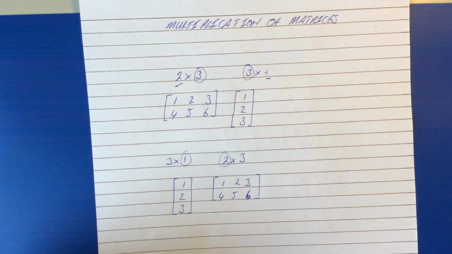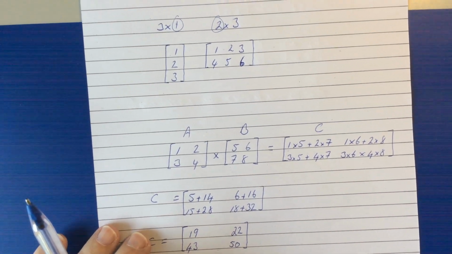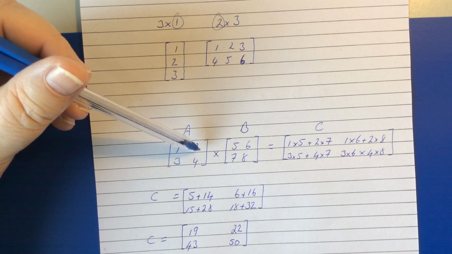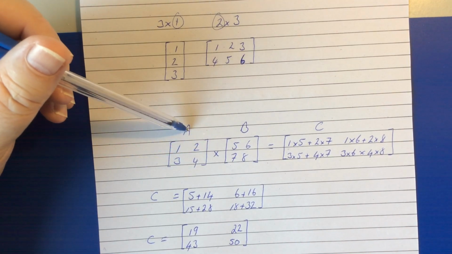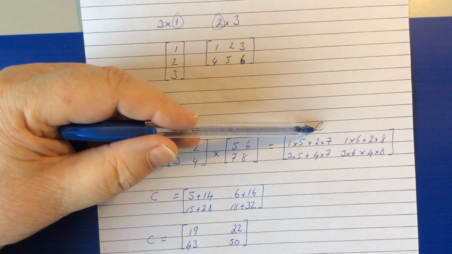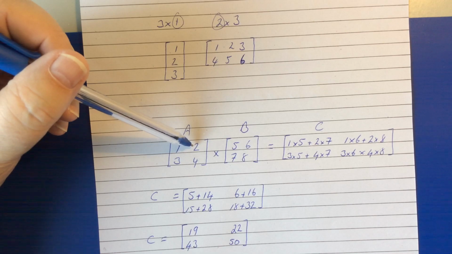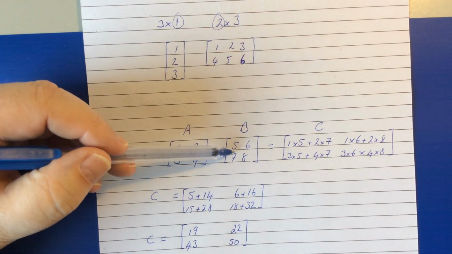Now let's have a look at how we do this. I've chosen a fairly simple example here, two square matrices, 2 by 2s, and I just want to go through the process. So we're multiplying A by B in order to get C. What we do is we take this number and this number, and we multiply them by this number and this number.